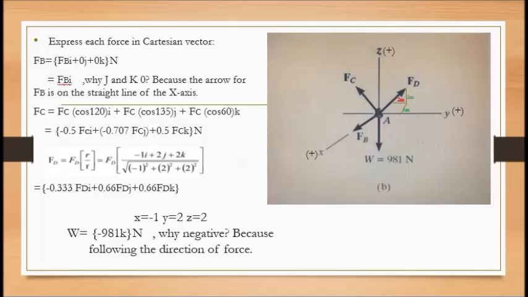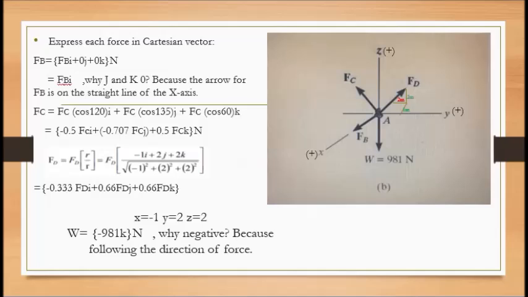Next we resolve force D. We're going to do this by the coordinate method. We know that x is minus 1, y is 2, and z is 3. If we take the square root of the sum of the squares of these values, we get this magnitude. If you divide each of the x, y, and z values by this magnitude and multiply them with i, j, and k, you get the vector.